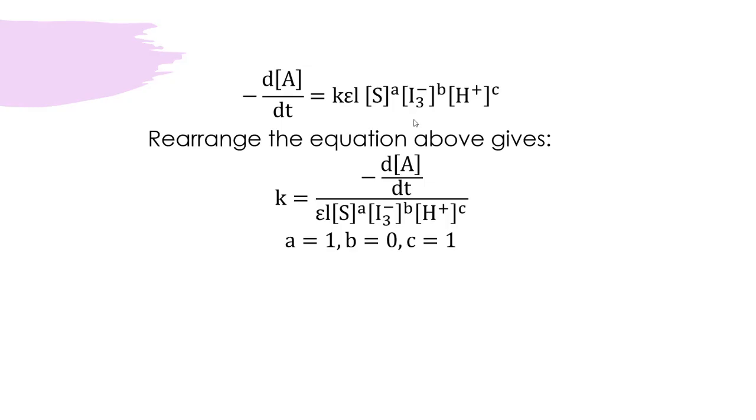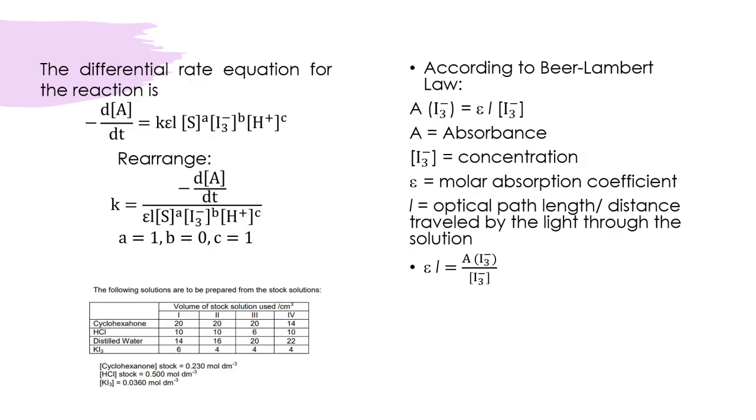Second, what does it mean when A is equal to 1, B is equal to 0, C is equal to 1? So that's given with respect to this experiment. And this is just to show you how the rate constant is being calculated.